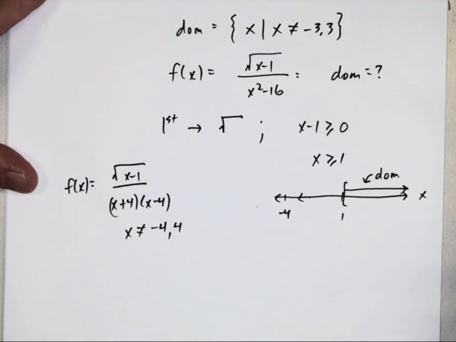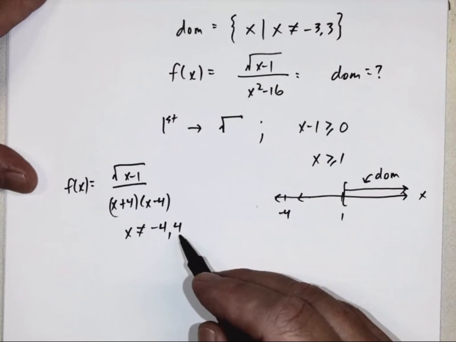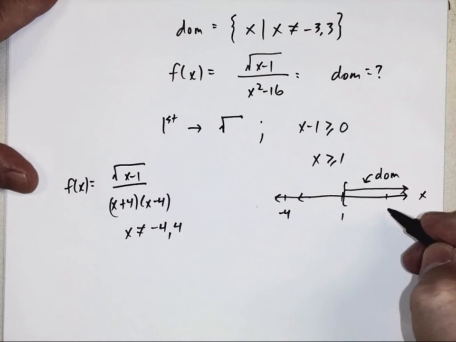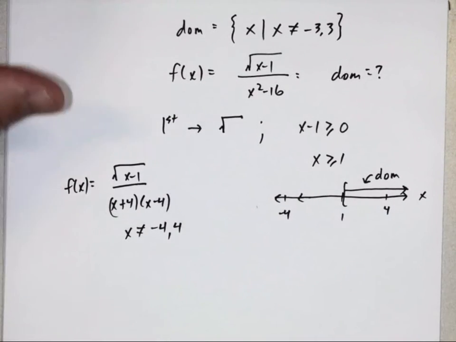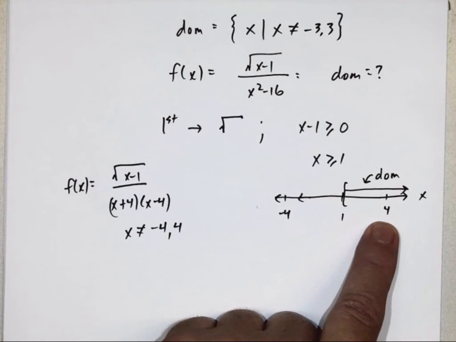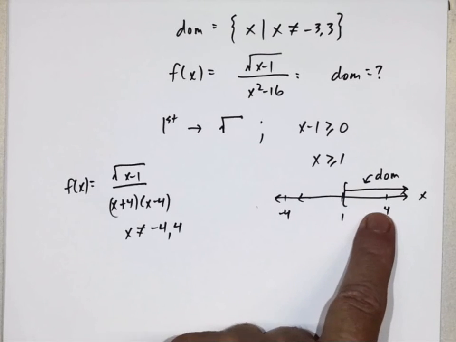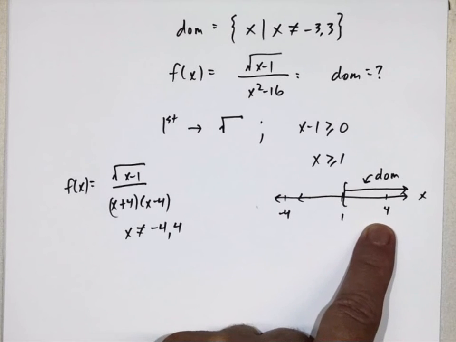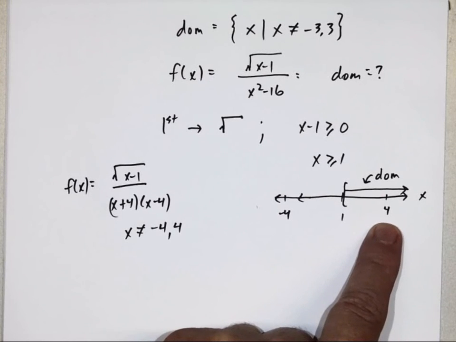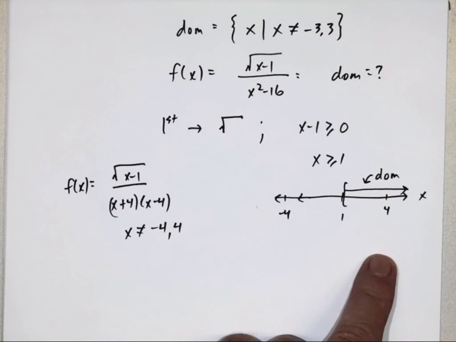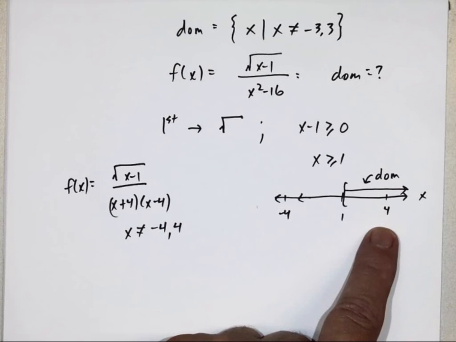It's not a problem. However, when I go look at 4, it's like right here. The point being, if it's up to the square root, x equal to 4 is no problem. It's perfectly happy to have x equal to 4. So I'm not going to break any rules from the square root part. However, the denominator says, but wait a second, x cannot be equal to 4.